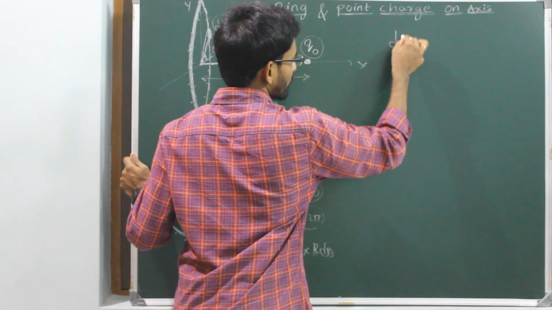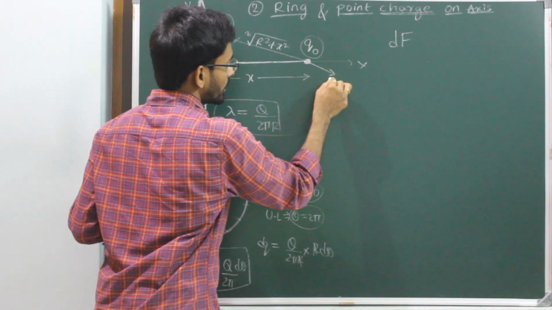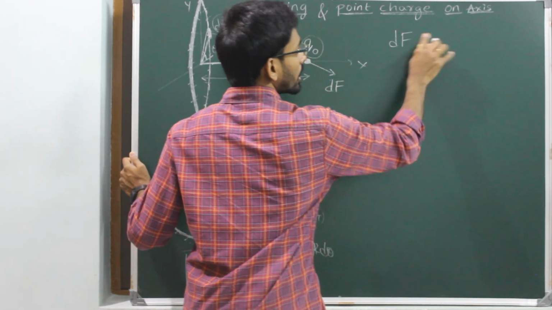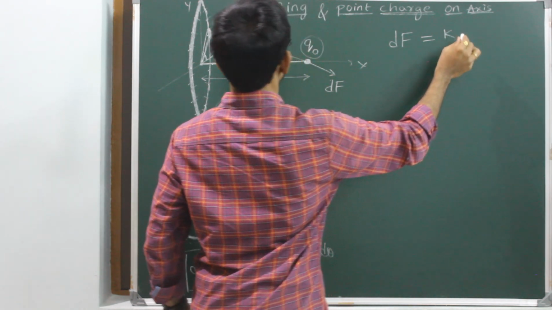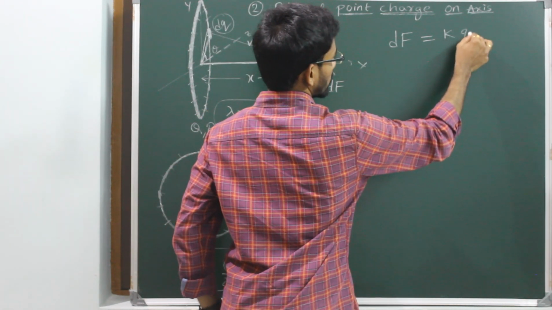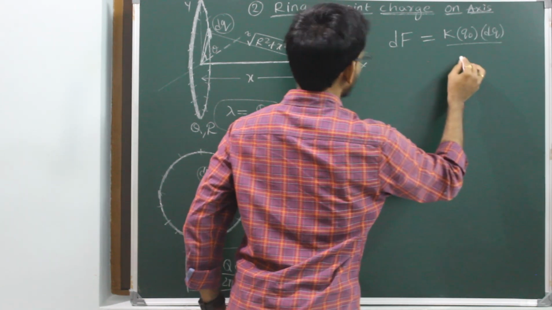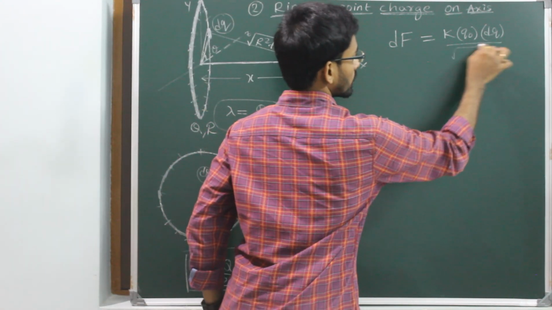So dF will be k into q naught into dq by the distance between them, under root of r square plus x square, whole square.